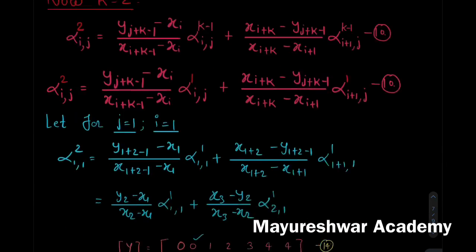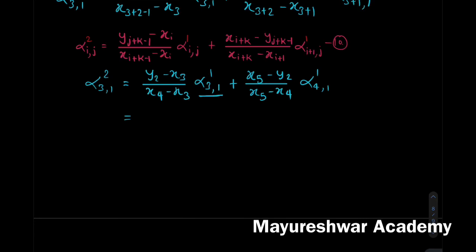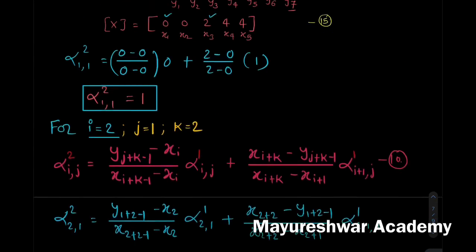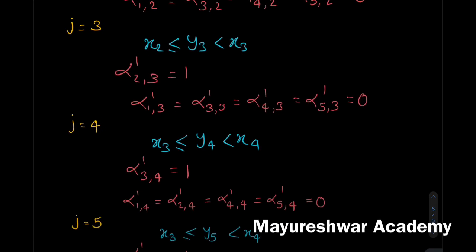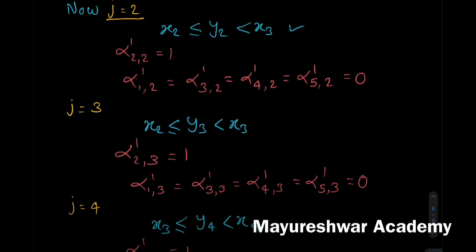So we have recently used it and we know that this is 0, so anyways this term is going to be 0. Okay, so this is 4 minus 0 divided by 4 minus 4, and alpha 4 1, this term even is going to be, I guess it's 0.